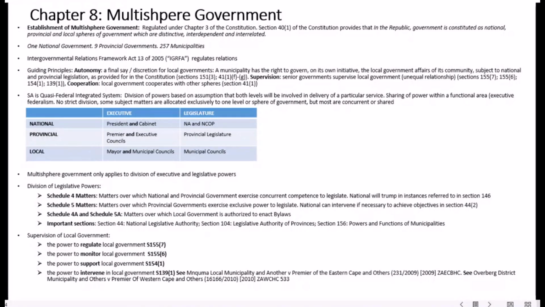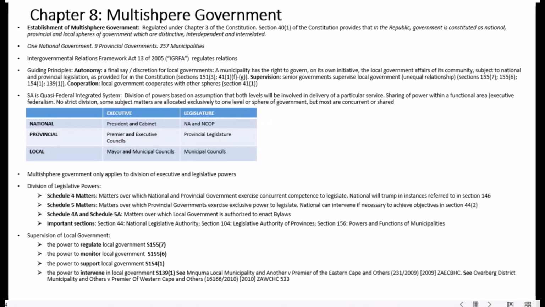They do this by regulating local government, monitoring local government, supporting local government, or intervening in local government. You can have a look at each of those sections just to understand how this works. I also did a detailed explanation on this in Monday's tutorial, so if you refer to those slides, you'll also be able to understand how this works in practice.